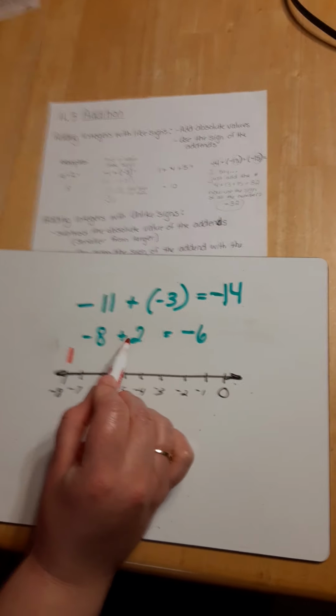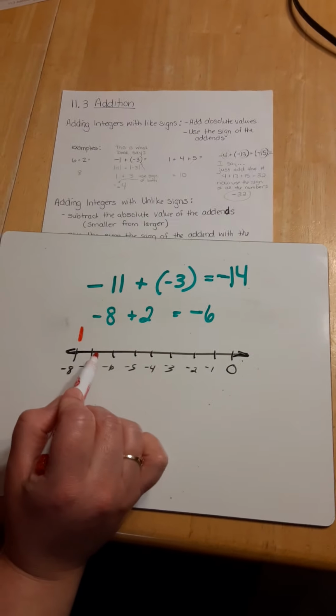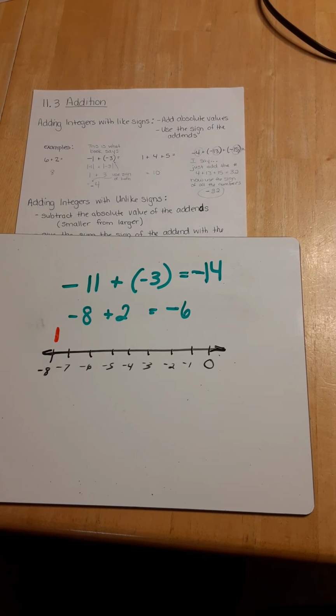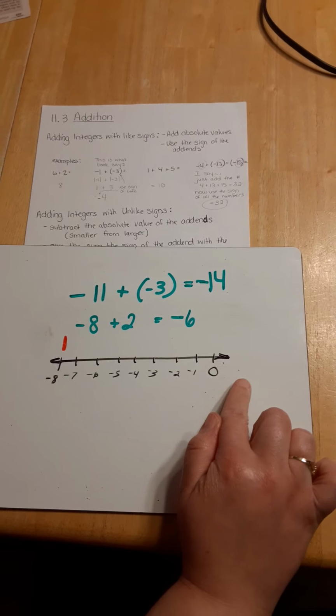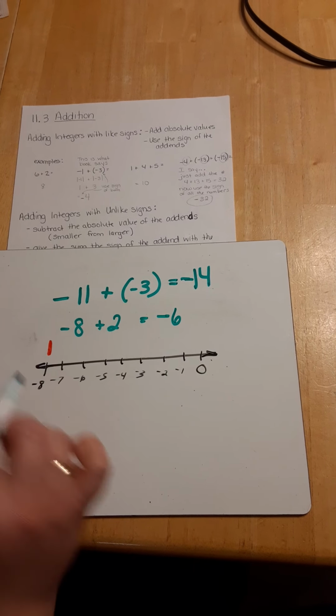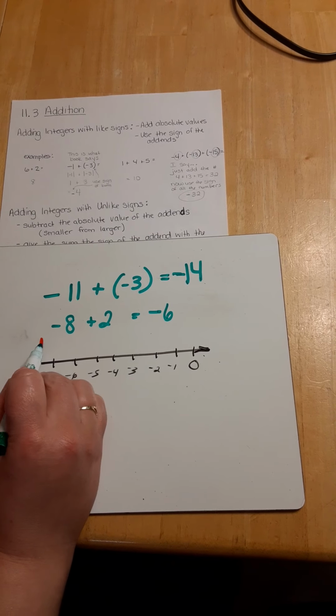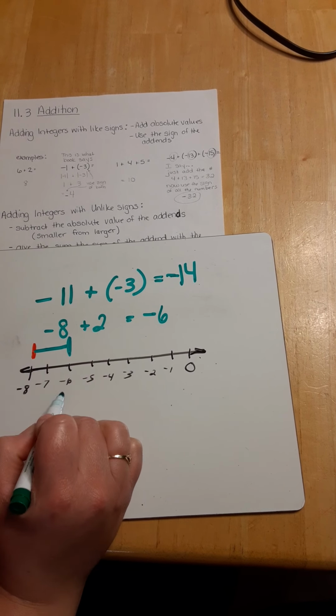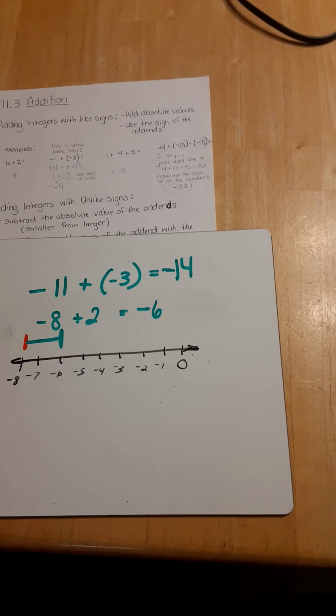To that I'm adding 2. If I'm adding 2, do I go more to the left or do I go to the right? Well, remember, positives are always to the right of 0, so I've got to go to the right 2 more units. And so where do I end up? My answer ends up at the negative 6.